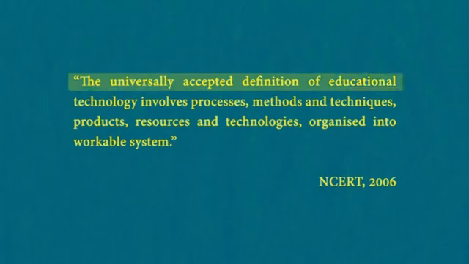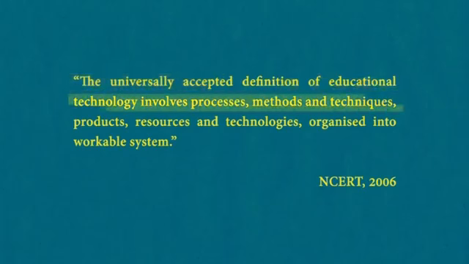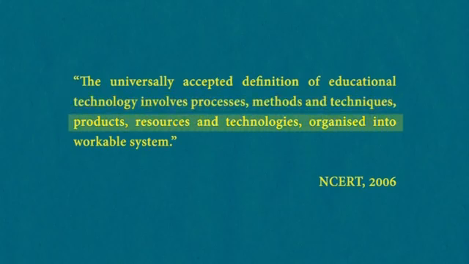The universally accepted definition of educational technology involves processes, methods, and techniques, products, resources, and technologies organized into a workable system. In the National Focus Group on Educational Technology (NCERT), it is described as the efficient organization of any learning system adapting or adopting methods, processes, and products to serve identified educational goals.